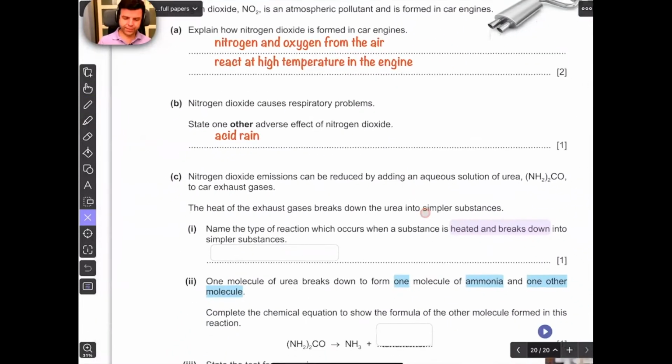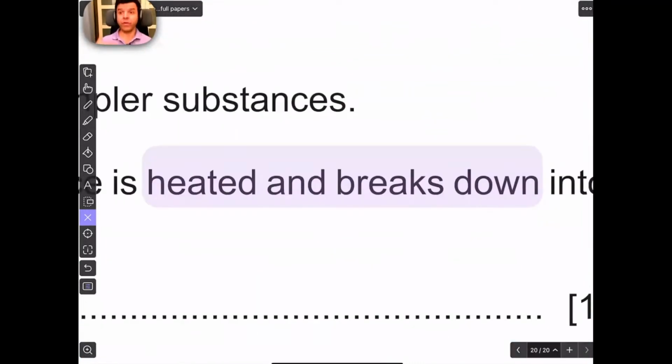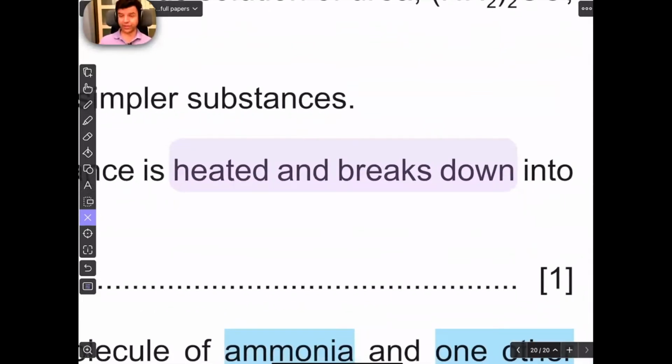All right, down there they said, name the type of reaction that is induced by heat causing breakdown of compounds. So what we call this sort of chemical reaction that can only happen when it's heated and it breaks down the compound. Hawra? Thermal decomposition.